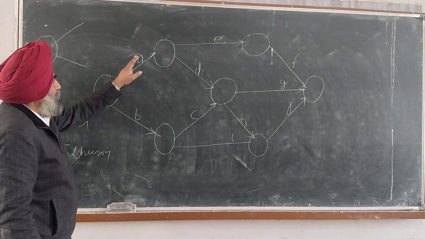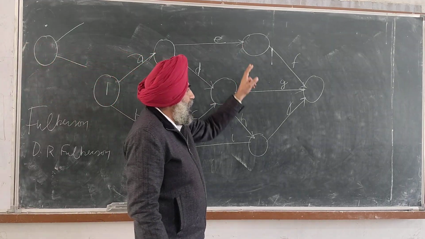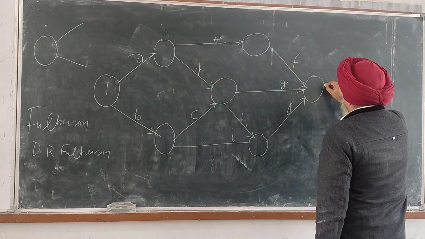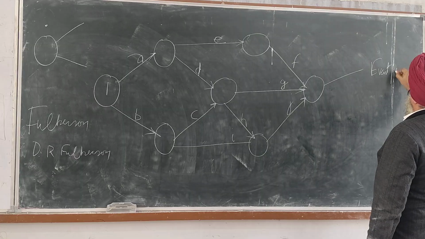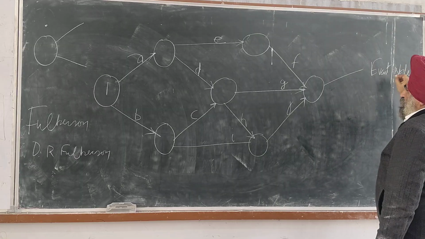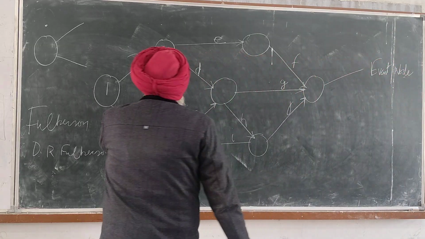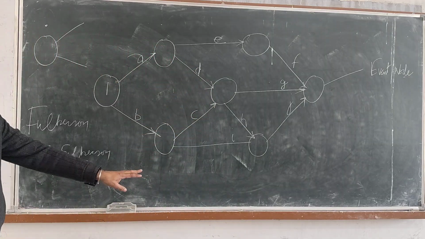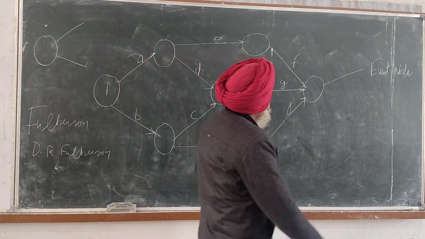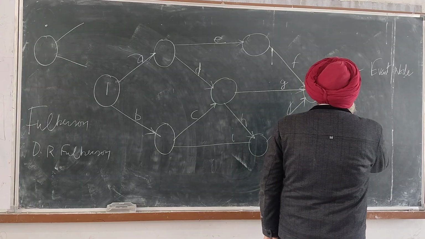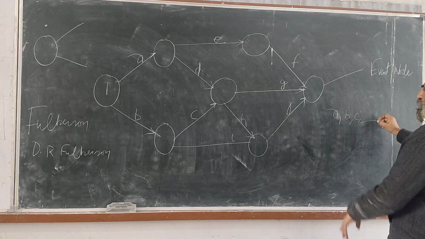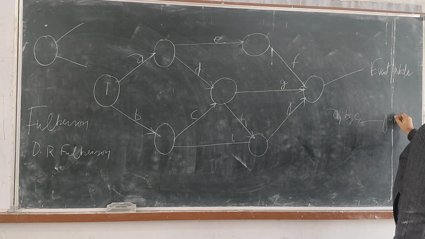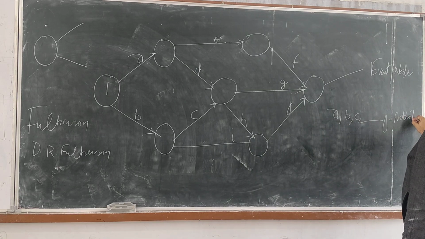These circular parts are known as events or nodes, whereas A, B, C, D, E, F, G, H, I, up to J are called activities which are taking place.